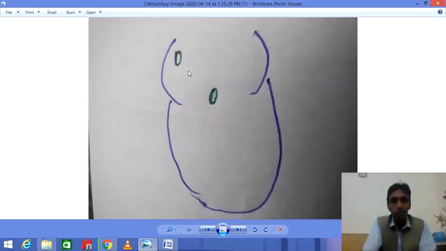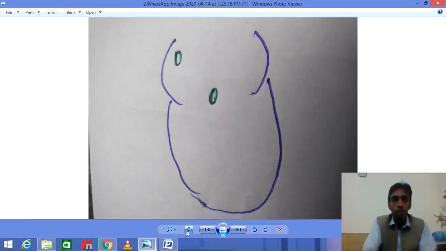Now you can see another node. This node is present adjacent to the interatrial septum and atrioventricular septum. It is actually present in the right atrium, but adjacent to the interatrial septum.